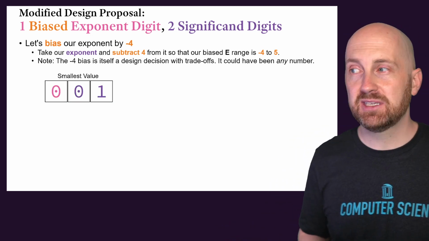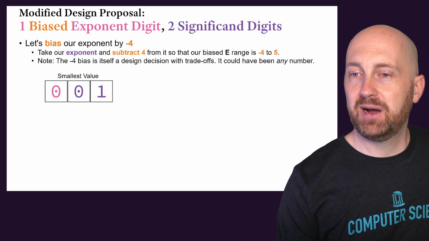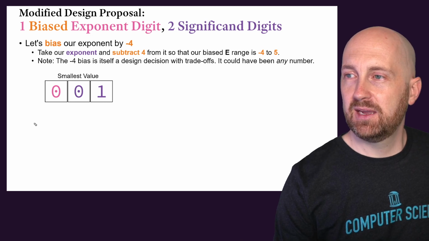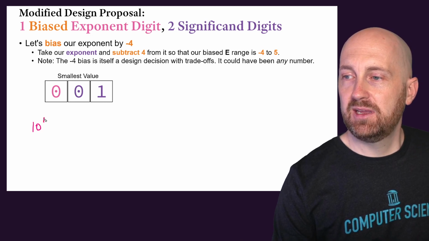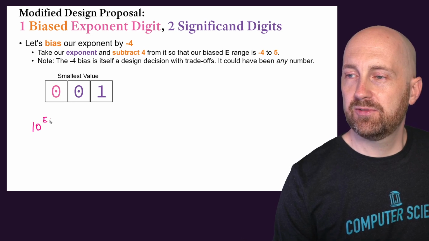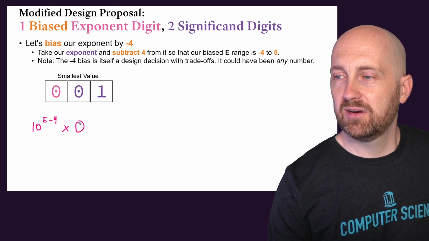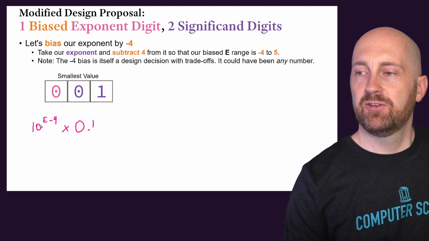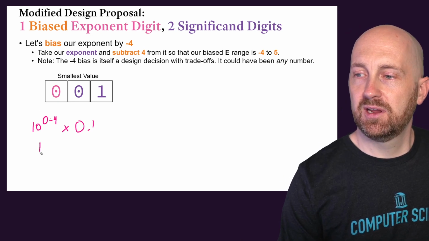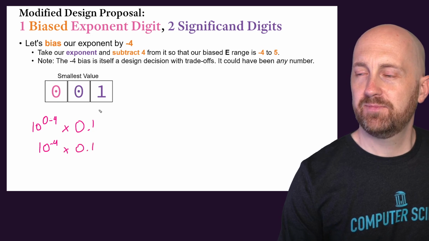So let's think about the smallest non-zero value we can represent. That's the 0, 0, 1. And using this bias, what we're saying is, okay, our new formula is 10 to the e minus 4, multiplied by, and then our significand is going to be 0.1, right? So this is the same as saying 0 minus 4, or 10 to the negative 4, multiplied by 0.1.